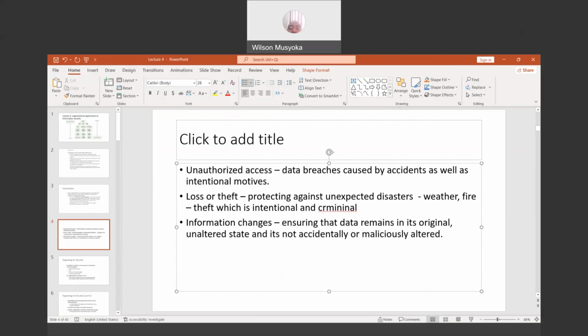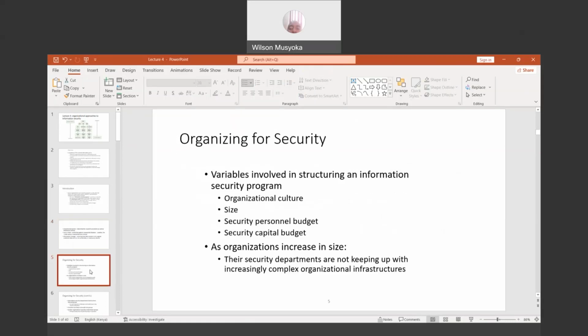So that is what we mean. So these are the three aspects we are looking at when we are trying to understand the different approaches. That is basically what we are looking at.